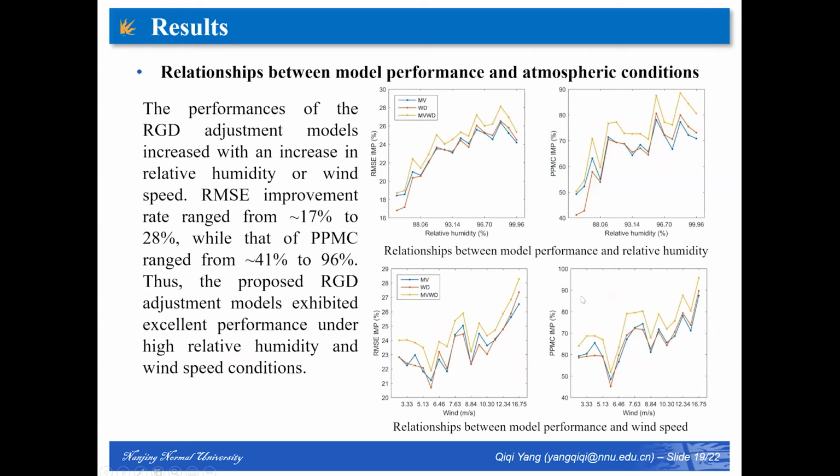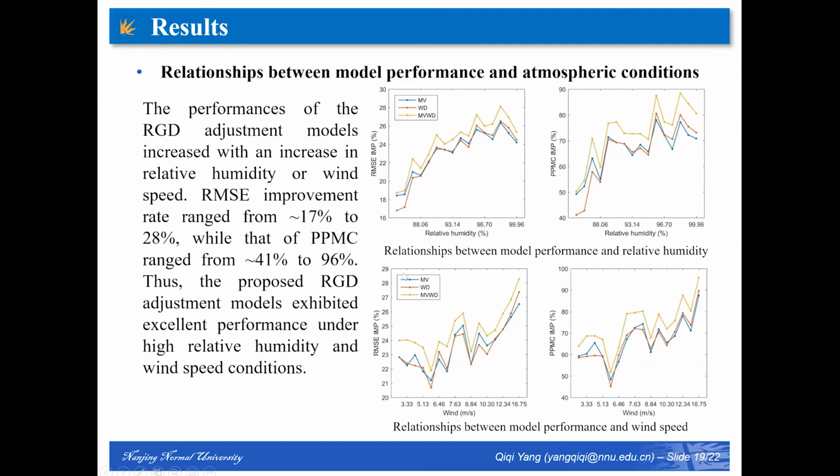We also analyzed the relationships between the model performance and the atmospheric condition. The relationship between model performance and relative humidity and wind speed is shown in those 2 figures. From the figures, we can see that the performance of the 3 RGD adjustment models increased with increase in relative humidity or wind speed.